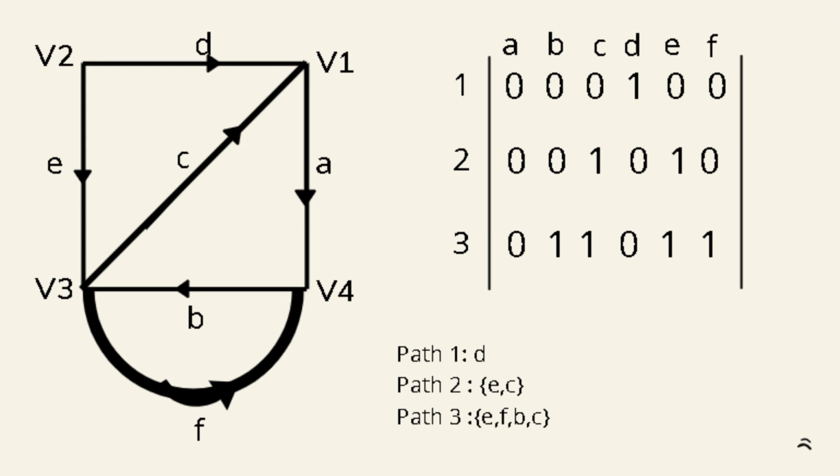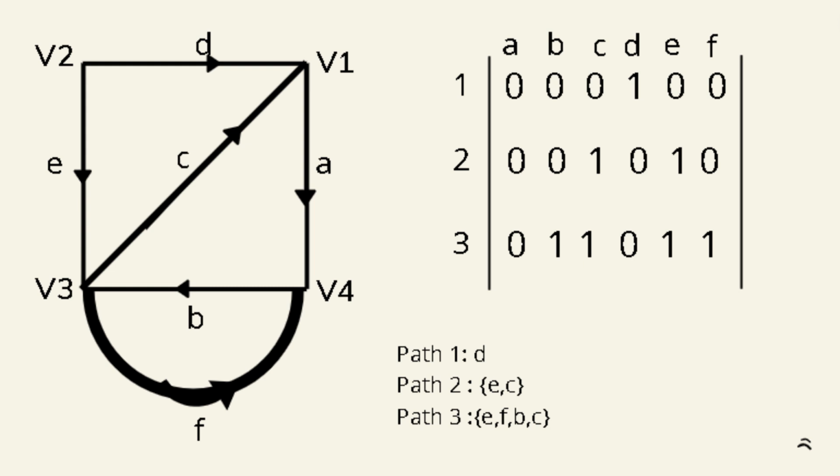We can check the paths: in path 1 it's only D, in path 2 it's EC, in path 3 it's E, F, B, and C. There is no A in any of these paths. So this is what the first property is explaining to us, that if a column is all zeros, that edge does not lie in any path. So A is that edge in this example.